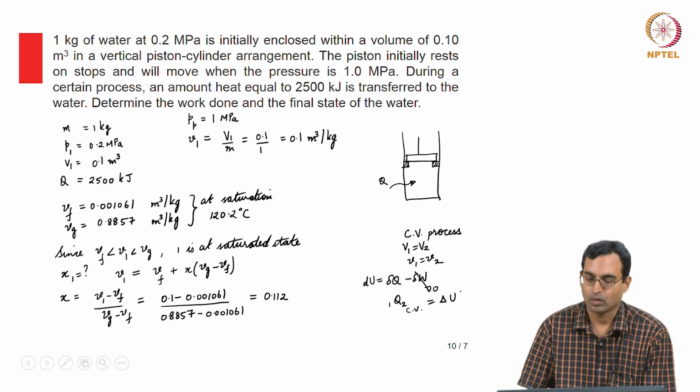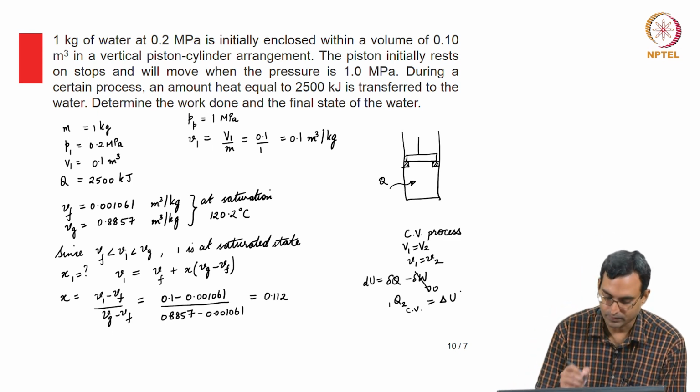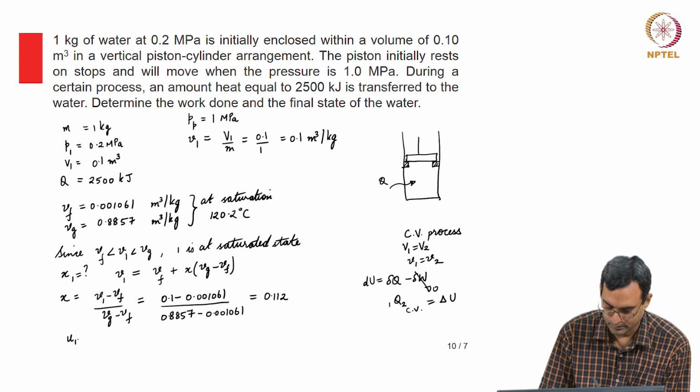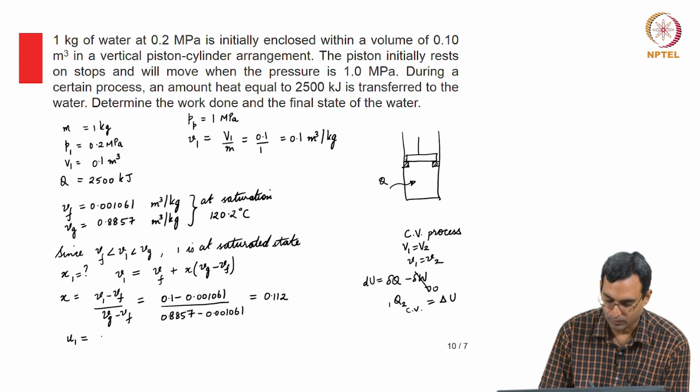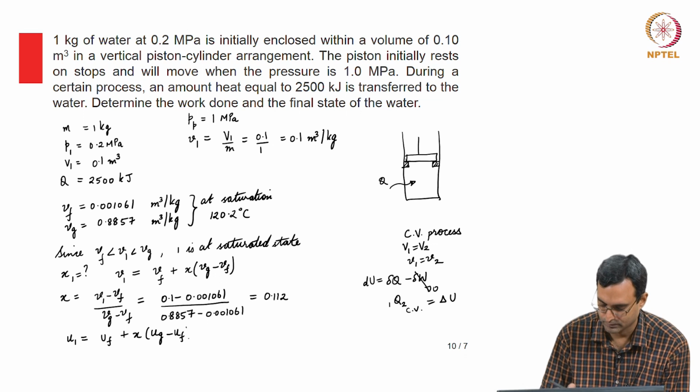So, I can find out the change in energy. I need to find out the initial energy u1. So, u1 would be given as uf plus x into ug minus uf.